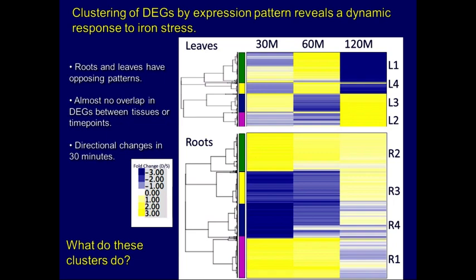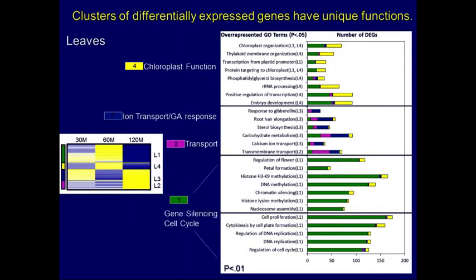Since we could cluster these into clear expression clusters, we wanted to know if these clusters had biological function. So we looked at gene ontology biological process, and what we could see is that each of these clusters could be assigned a particular function. For example, if we look at cluster 1, which is on at 60 minutes and off at 120 minutes, all of the genes in these clusters were associated with regulating gene silencing and the cell cycle.